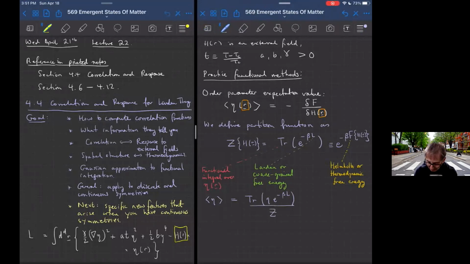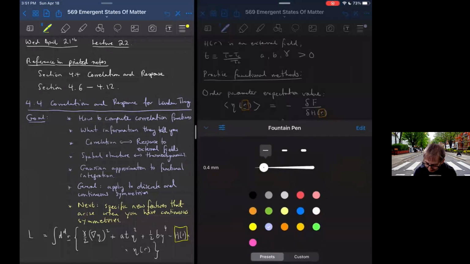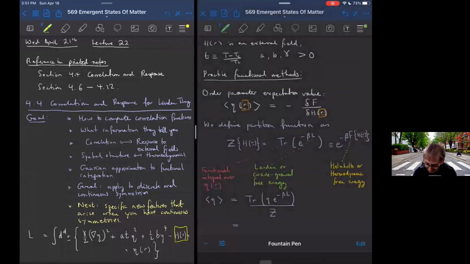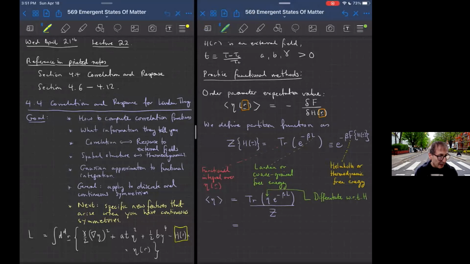And now I can obtain this eta on the floor down here. When I say floor, I mean this. So how do I get that? Well, I obtain that eta by differentiating with respect to h, because over here, on the left-hand side, you can see that h couples linearly to eta.